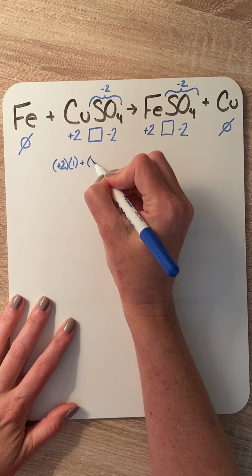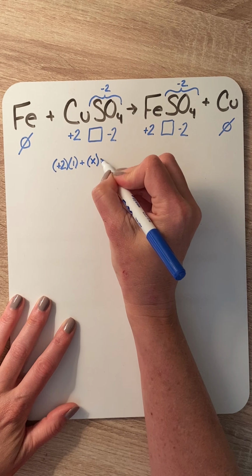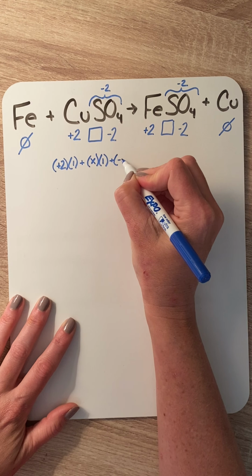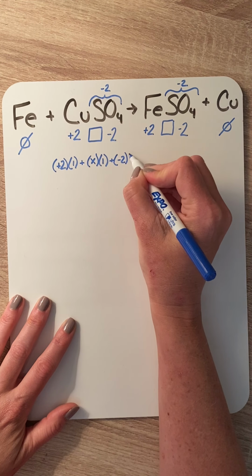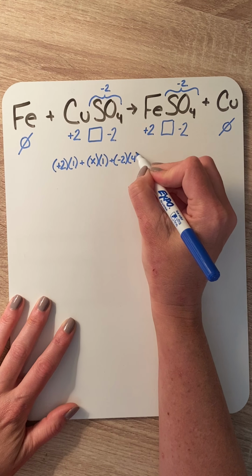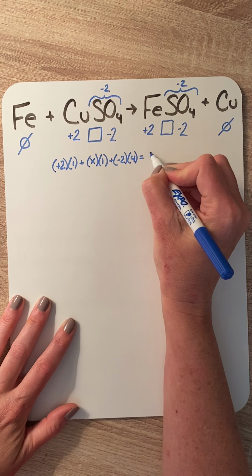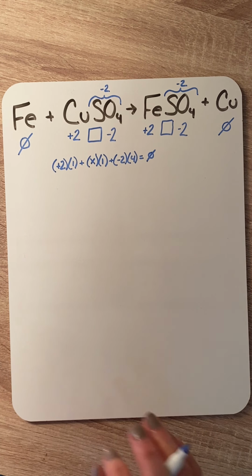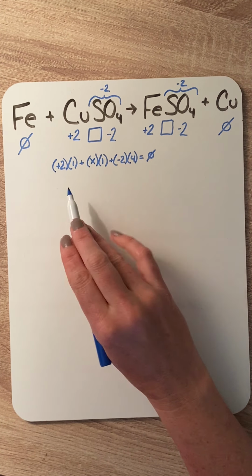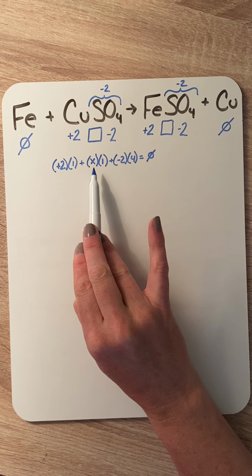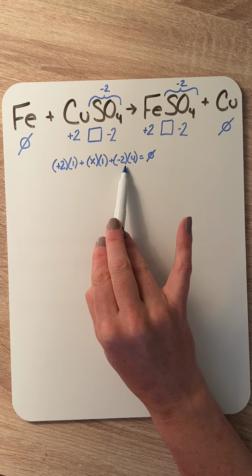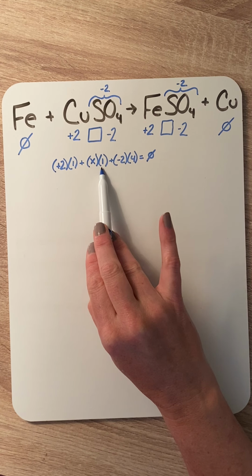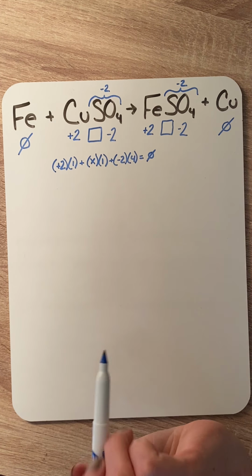Sulfur, I don't know the charge, and I have 1 of them. Oxygen has a -2 charge, and I have 4 of them. Now all of that will add up to 0. Just take a quick look at that. This is for copper, this is for sulfur, this is for oxygen. It's charge times number of atoms, charge times number of atoms, charge times number of atoms.